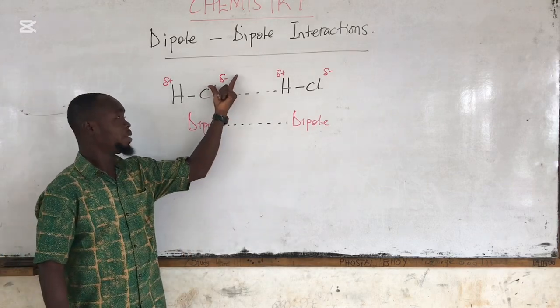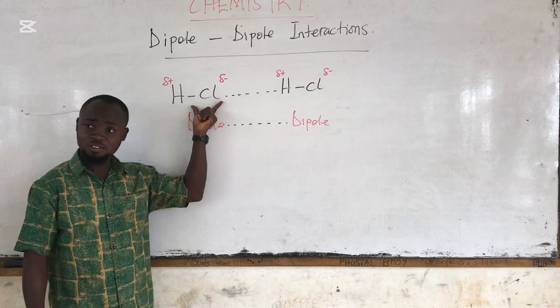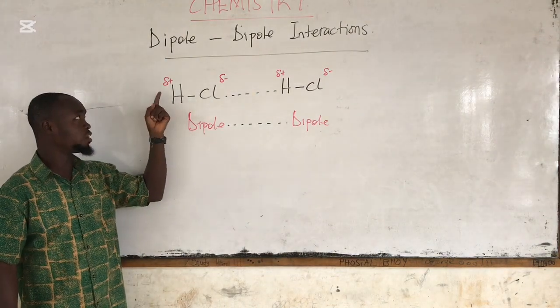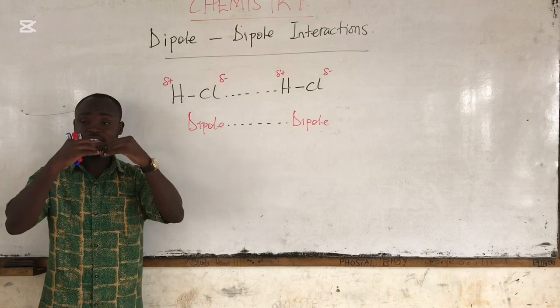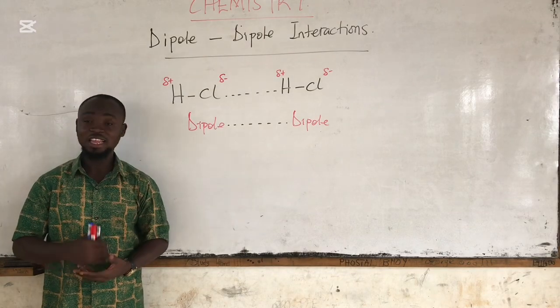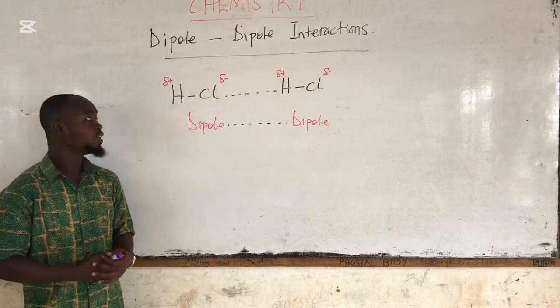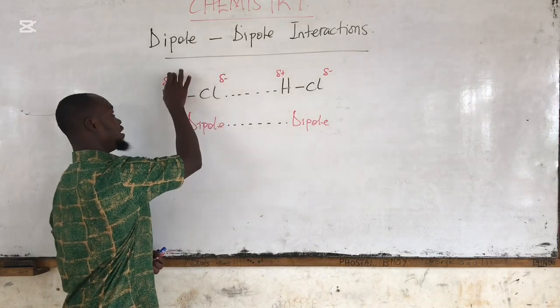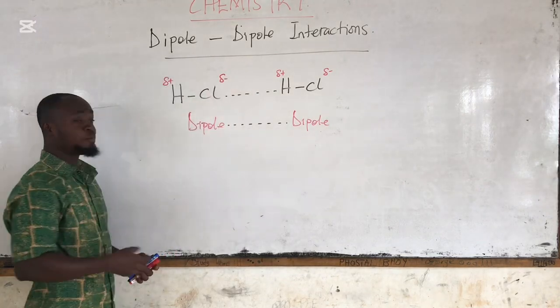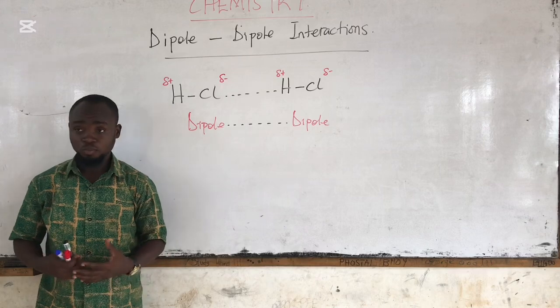So partial negative charge on the most electronegative one and a partial positive one on the one which is deficient in electrons. Is that okay? The less electronegative element. So once the charges are placed here, a dipole arises out of this polarity.